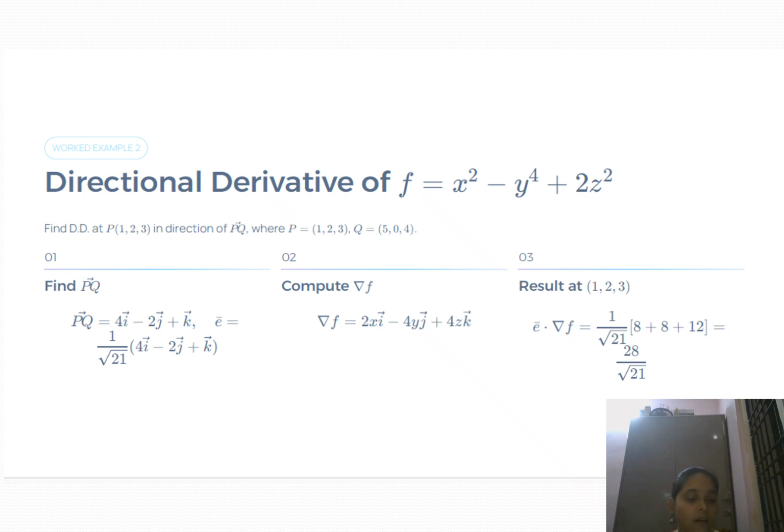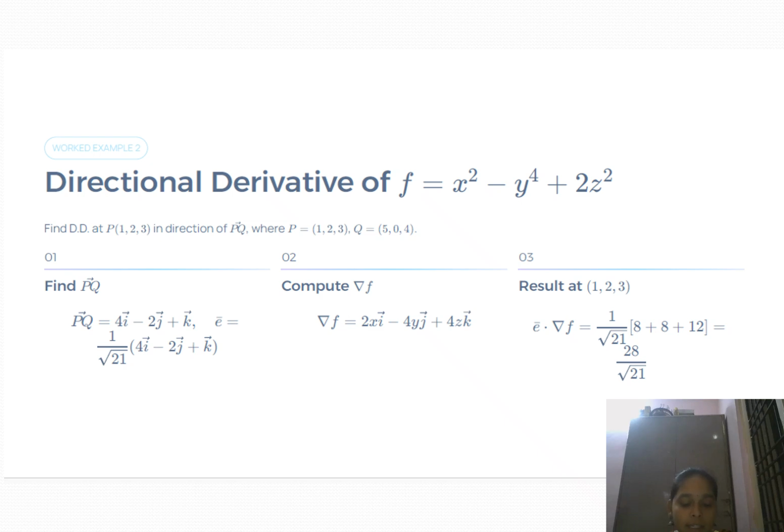Now if we substitute this in the formula of del f, we get del f is equal to 2x i bar minus 2y j bar plus 4z k bar.